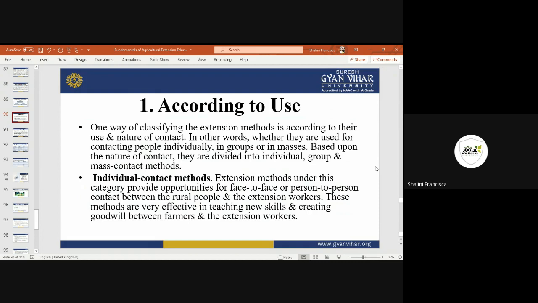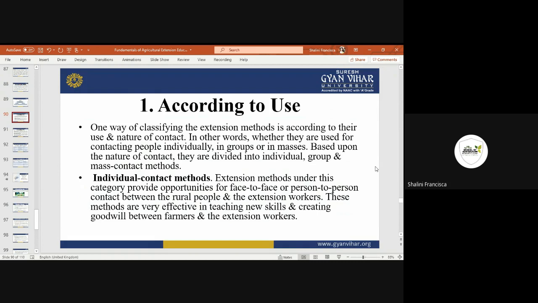Because most of the methods always have a tool and techniques: where those tools are used, how you are going to contact the people using them, and how you will interact with or explain the technique to the person. In other words, whether they are used for contacting people individually, in a group, or in a mass.